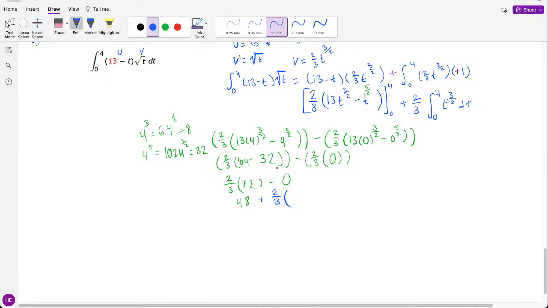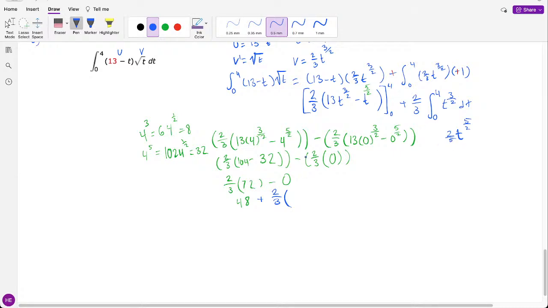So the antiderivative of that is going to be, so we'll have a t in the middle, and then we need to add 1 to the 3 halves, so that'll be 5/2, and then we times it by the reciprocal, so 2/5.